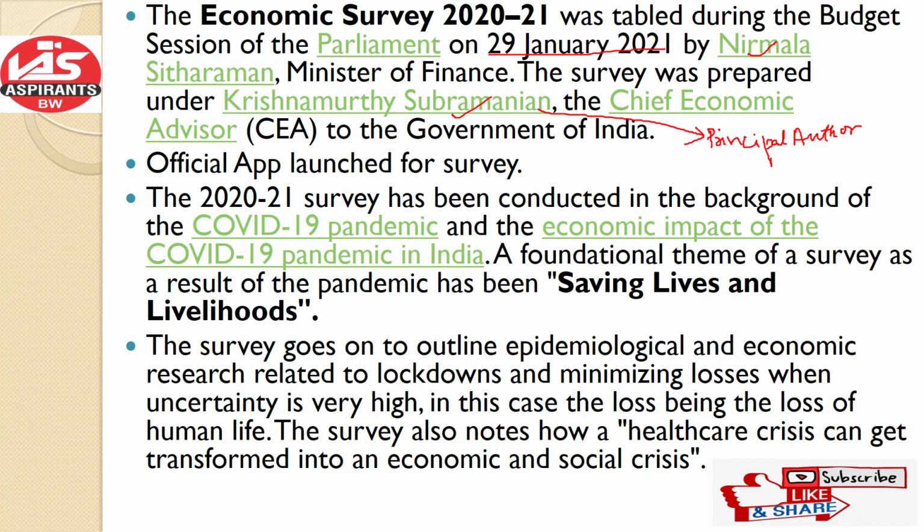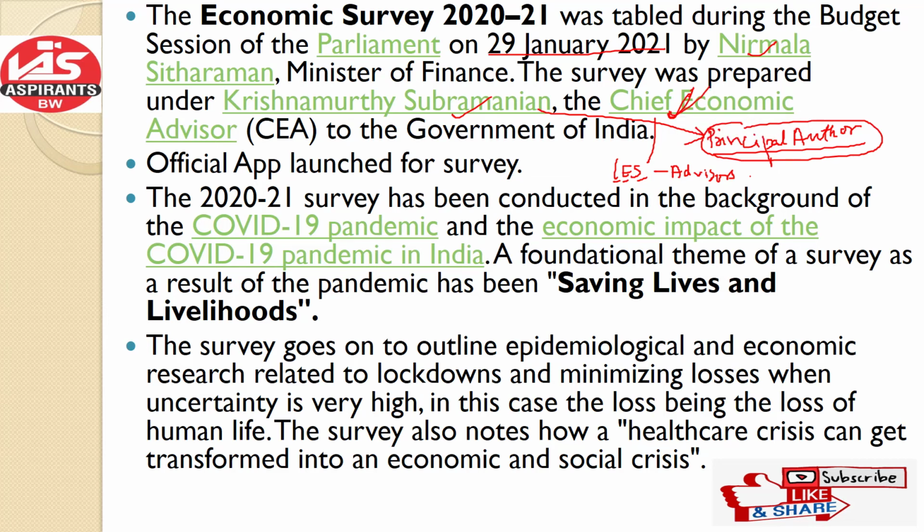Now, it does not mean that the Chief Economic Advisor will prepare the whole survey by himself or herself. There are many IES officers, that is Indian Economic Services officers, under him, and various advisors who help him or her in the preparation of the economic survey. But always remember, if somebody asks you who is the principal author of the economic survey, then it is always the Chief Economic Advisor.